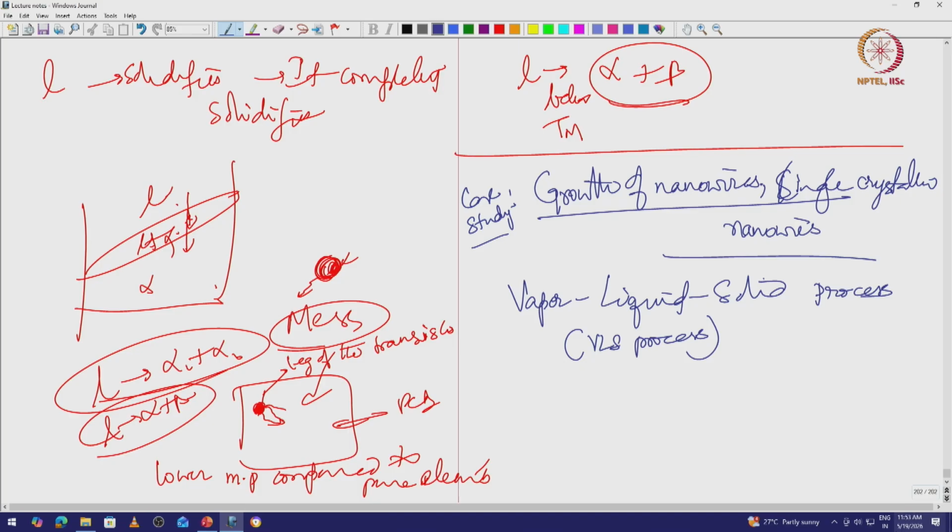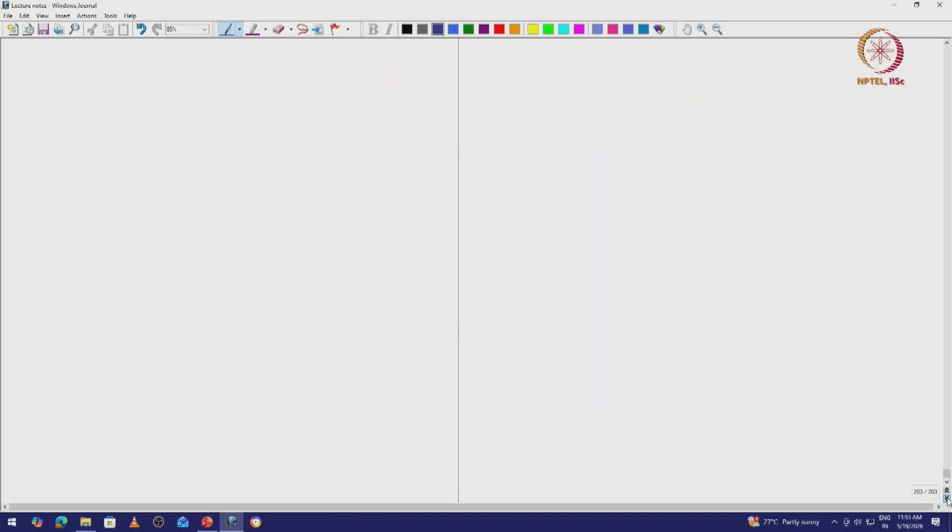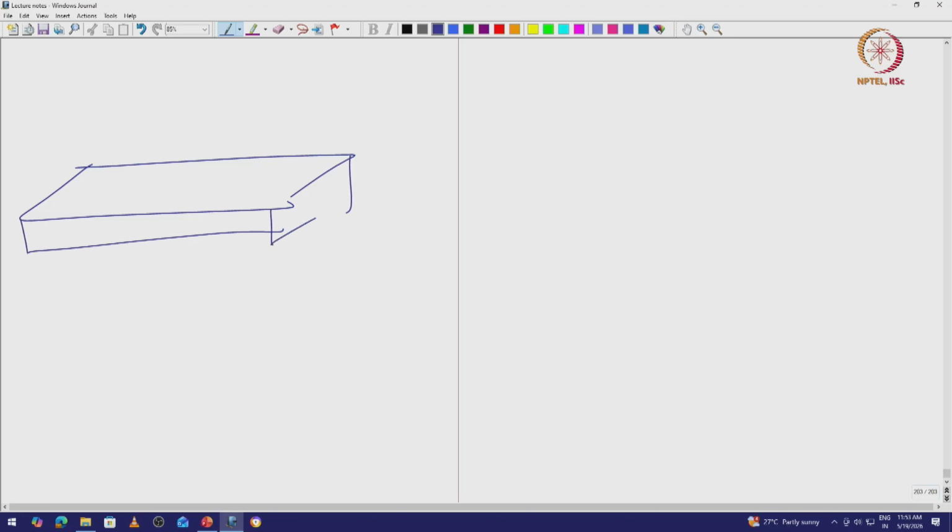So first let me describe what is done in this process. You take a substrate. It does not matter what substrate it is, maybe to a second degree it matters, but the substrate is just to host the nanowires. So this is what is called a substrate, some single crystalline silicon or something like that.